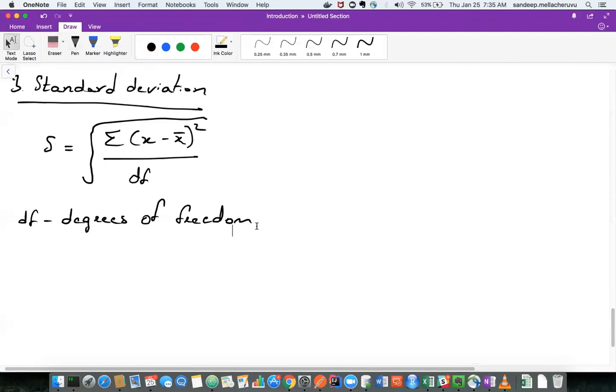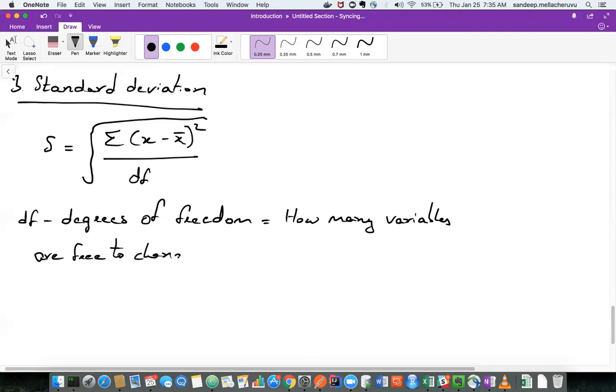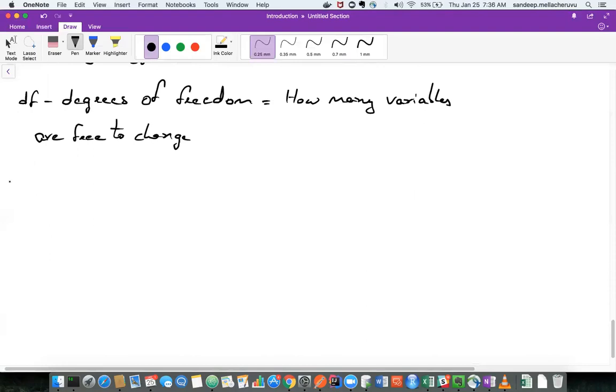We'll learn about it. DF is nothing but degrees of freedom, and it gives how many variables are free to change. I'll explain in simple terms with an example.